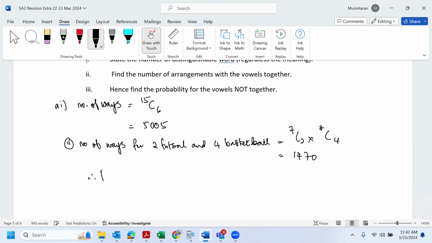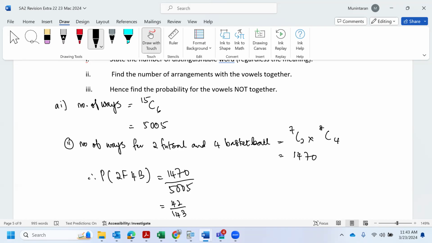So the probability of 2 futsal and 4 basketball should be 1470 divided by 5005. Make sure it's in the simplest fraction, which gives you 42 over 143.